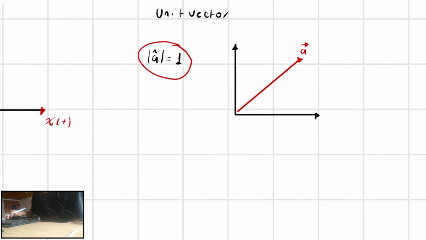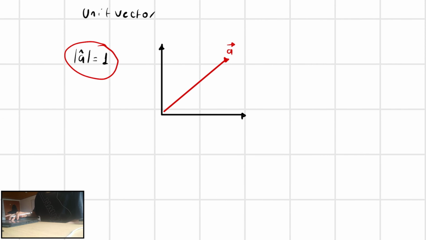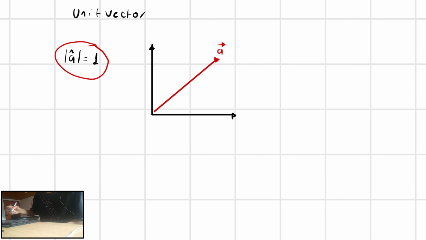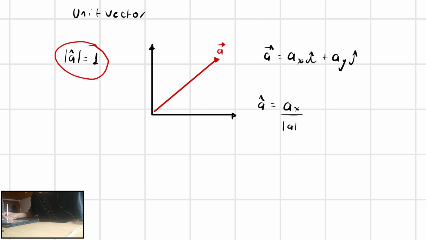There are two ways in which I can find a unit vector. The first way is by using its components. For example, the vector A is equal to Ax in the i direction plus Ay in the j direction. The unit vector will be equal to Ax divided by the magnitude of A in the i direction plus Ay divided by the magnitude of A in the j direction.